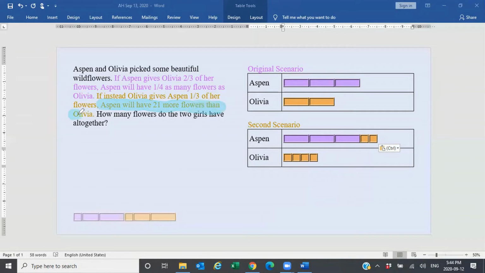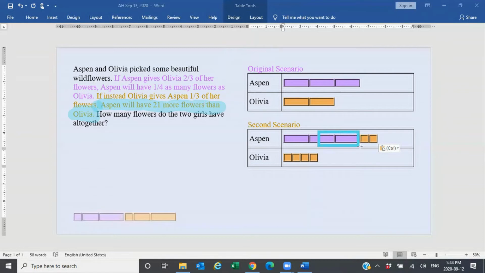I'll try. There we go. Okay, it says Aspen will have 21 more flowers than Olivia. Hope that's clear enough. So Aspen has 21 more flowers than Olivia, apparently. Well, if Olivia gives Aspen 1/3.